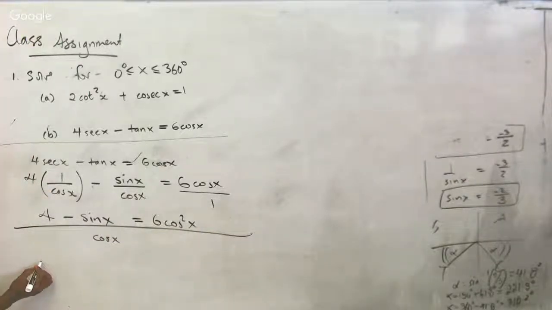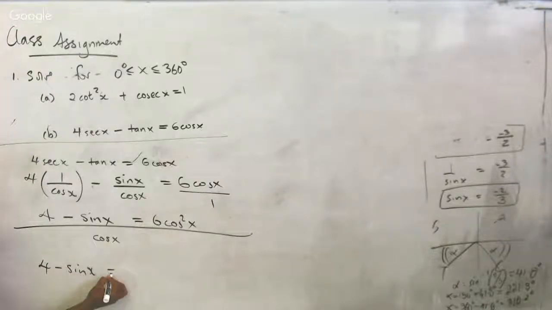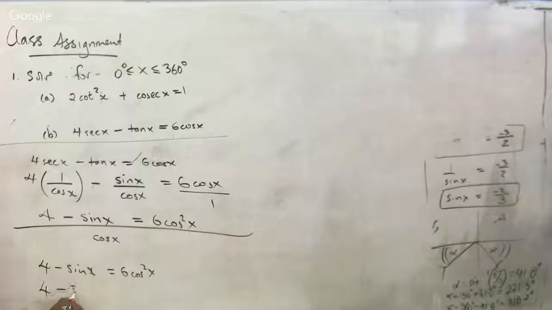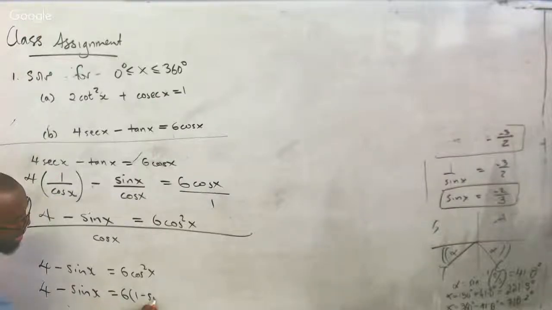So, in particular, I have 4 minus sine of x equals 6 cosine squared of x. Now you realize that it's looking more like something that I can work with. Fair enough? I can now change cosine squared to sine, no? So I get 4 minus sine of x equal to 6 in brackets 1 minus sine squared of x. Yes?